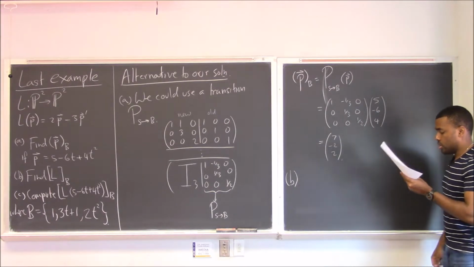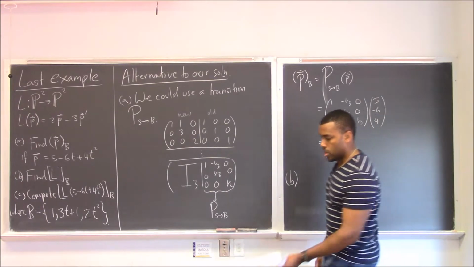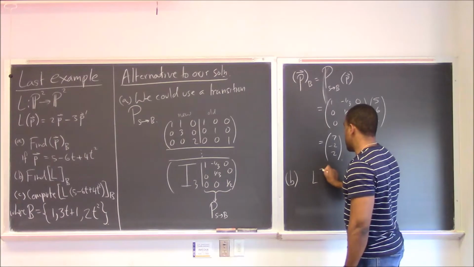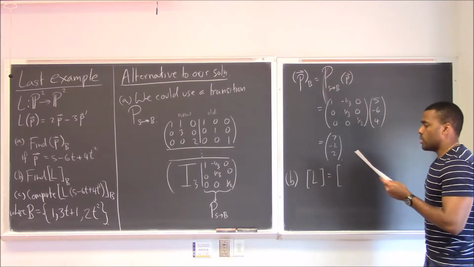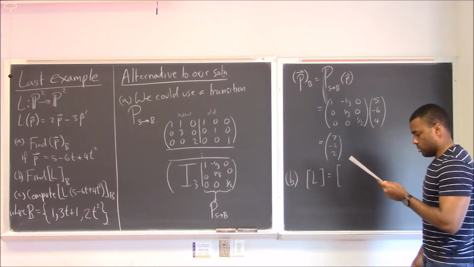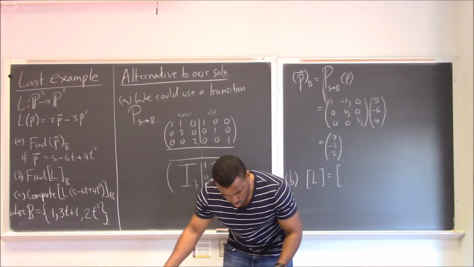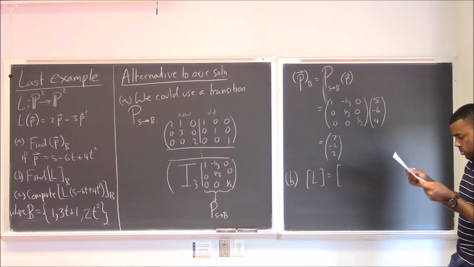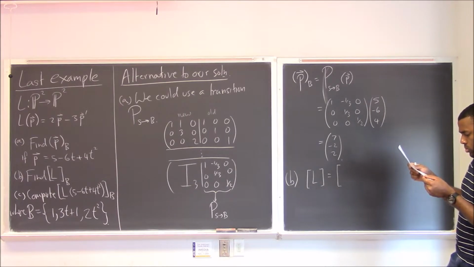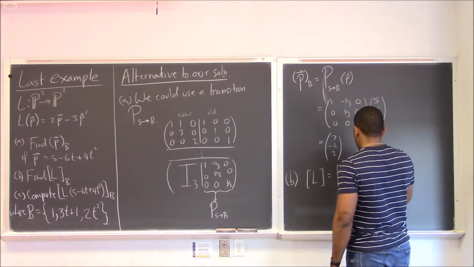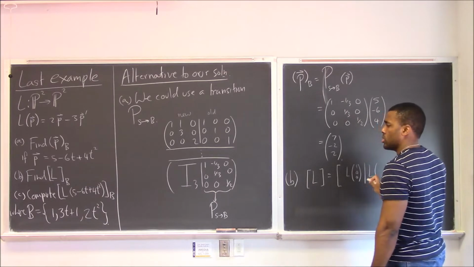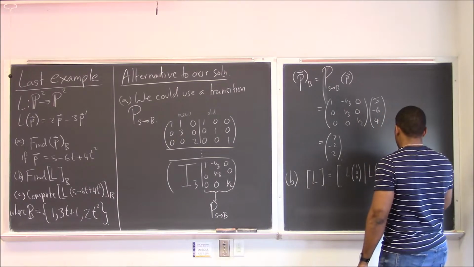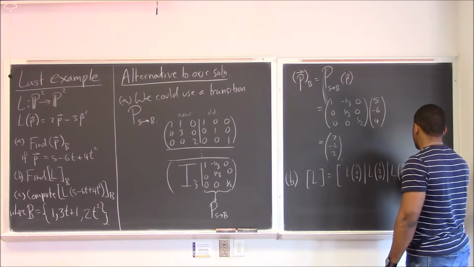Okay. For part B, what we could have done is to realize that the standard matrix for L would just be L of these basis vectors, which is 1, 2, 0, L of 0, 0, 2.